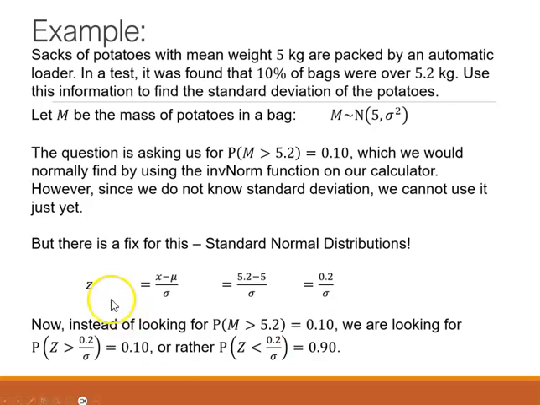So the probability that z in a standard normal, of 0.2 over the standard deviation, is 0.10. Or if I do the complement, that z is less than this is 0.9.